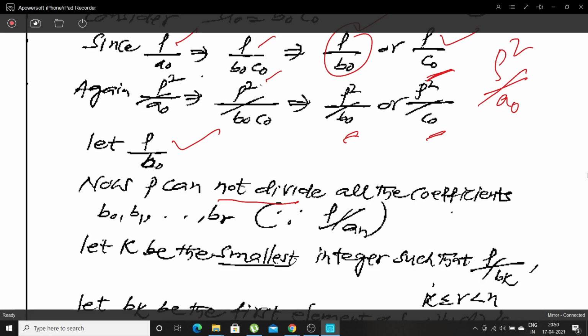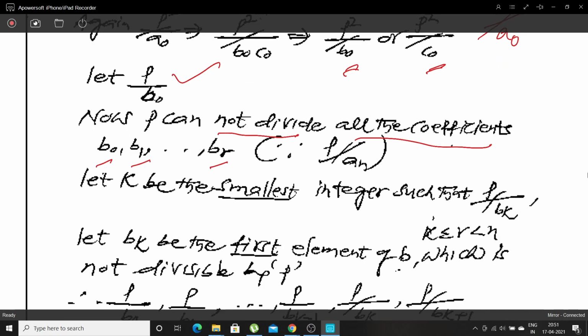It will divide only a few elements, or it will not divide at least one element of a polynomial. Let me repeat. P will divide all the coefficients except one or two. P will divide b0, p will divide b1, p will divide br, except p will not divide an. That is the last term, as you know.